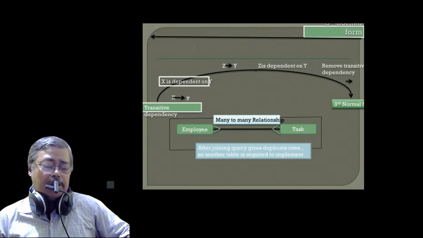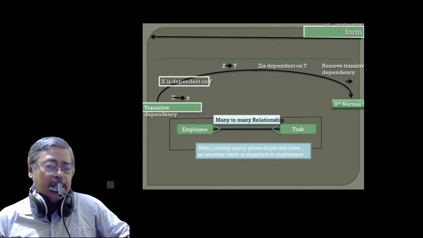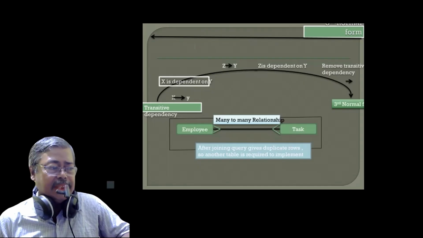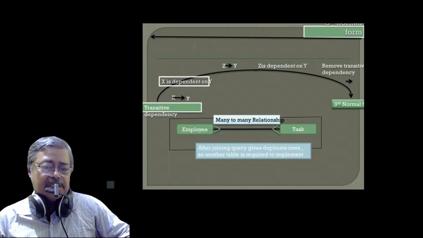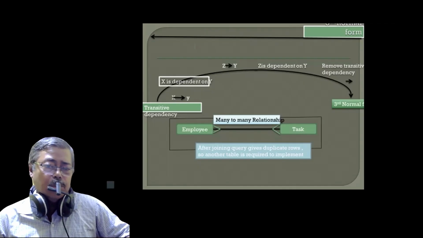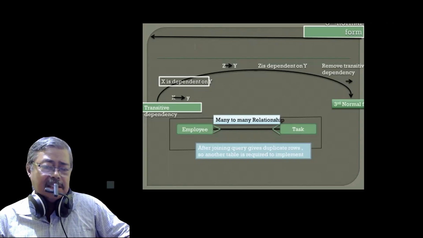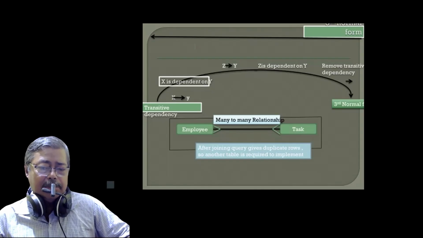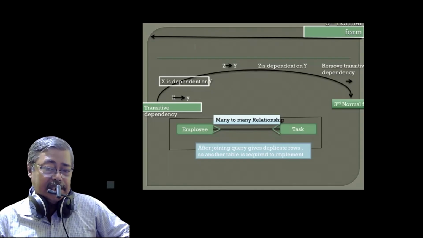There are many tasks for an employee and many employees related to the same task. If we make a query for these relationships, we will get a faulty answer and duplicate rows will be generated.